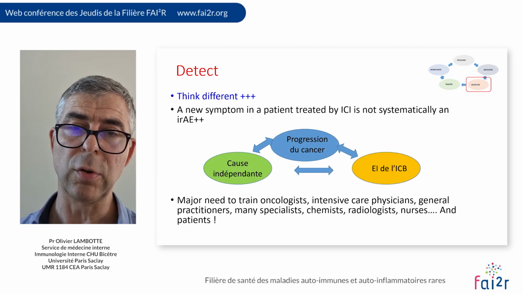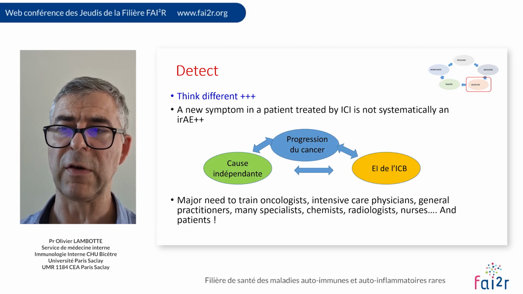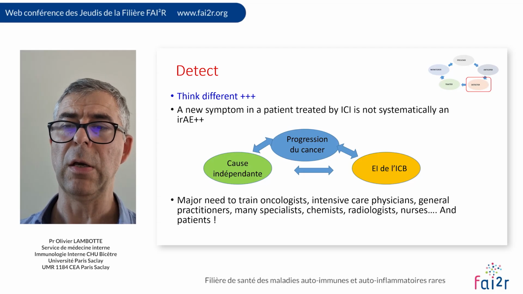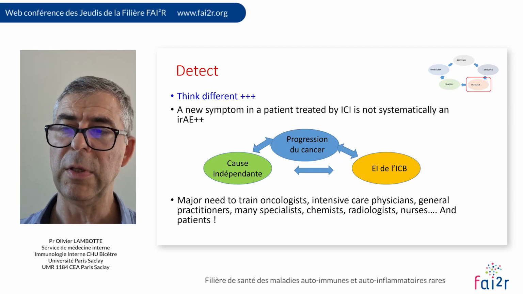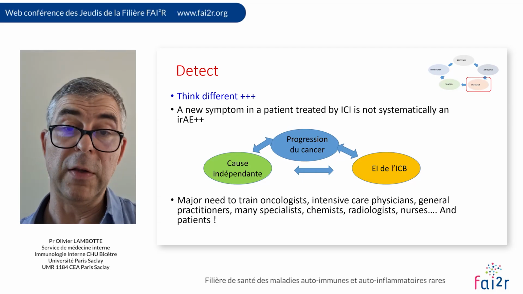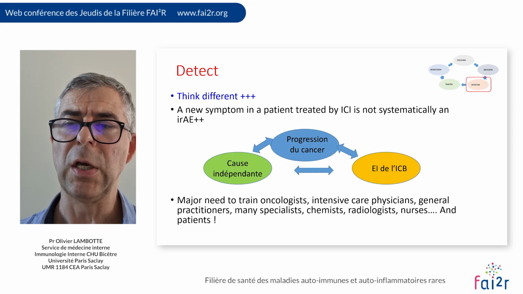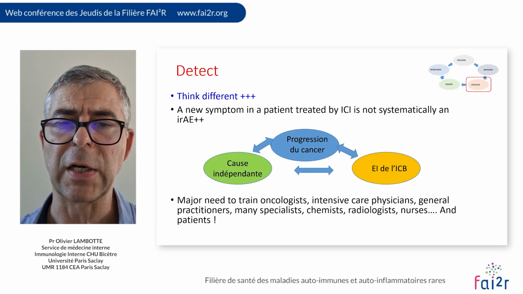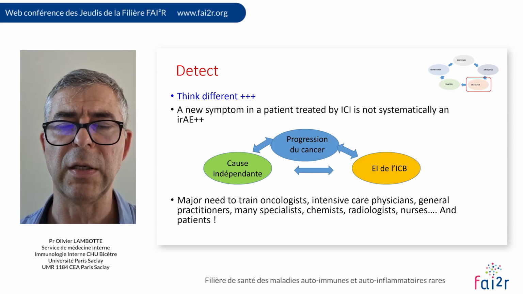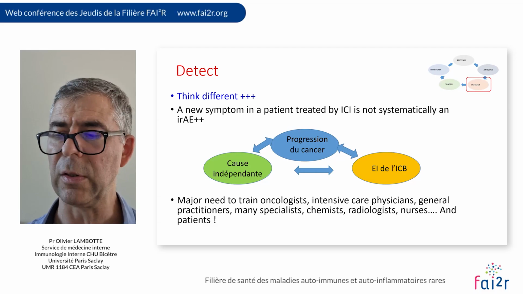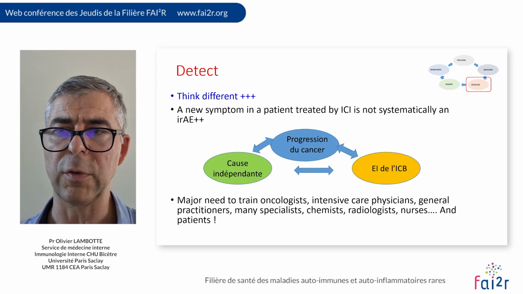There is a major need to train oncologists, intensive care physicians, GPs, other specialists, but also chemists, radiologists, nurses, and the patients to learn about these treatments. There is progress, clearly, especially for the intensivists, but some specialties remain poorly informed.